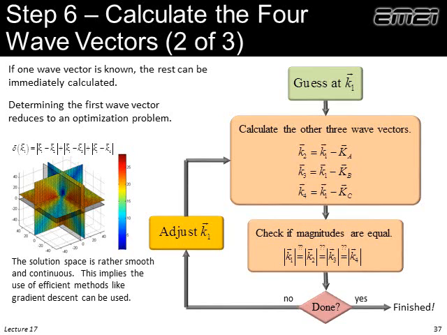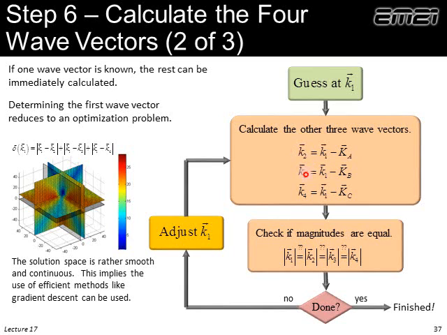But notice, if somehow magically we knew one of the beams, we can immediately calculate the other 3 wave vectors from it because we already know the grating vectors. If the first wave vector is somehow magically known, we know the grating vector, we can calculate the second one.